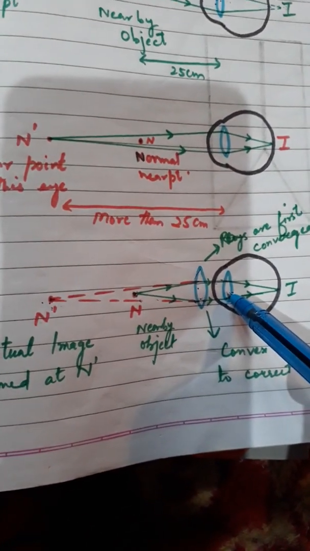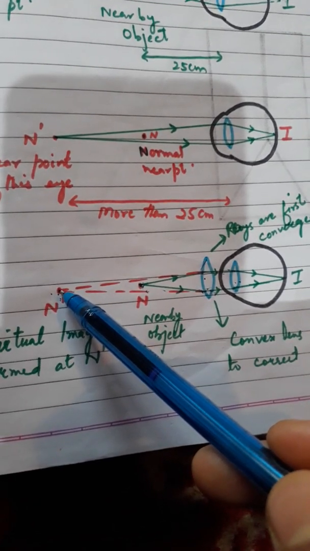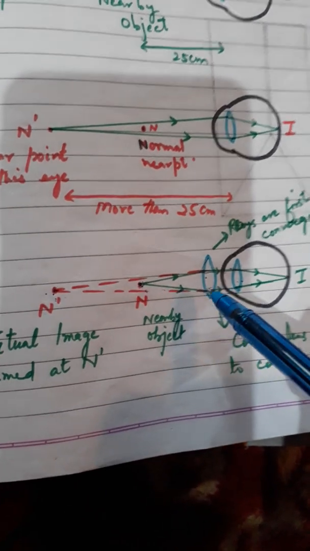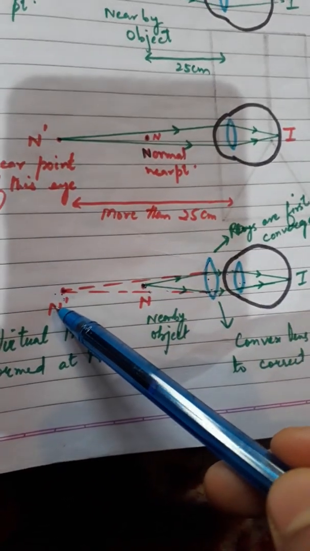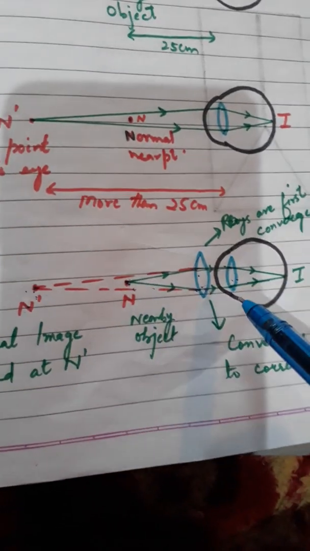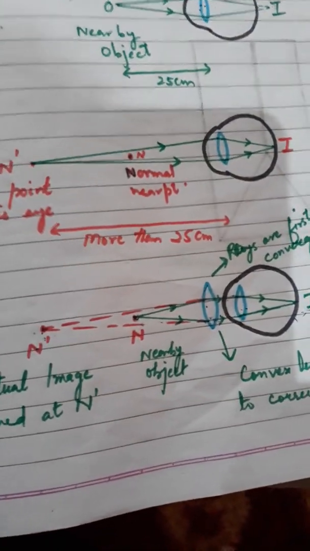Due to this, the convex lens forms a virtual image of the nearby object at the near point N dash of the hypermetropic eye. Now since the rays of light appear to be coming from N dash, the eye's near point, they can be easily focused and the image is formed on the retina. So a convex lens is used for correcting hypermetropia.